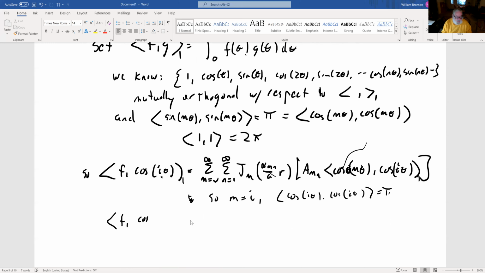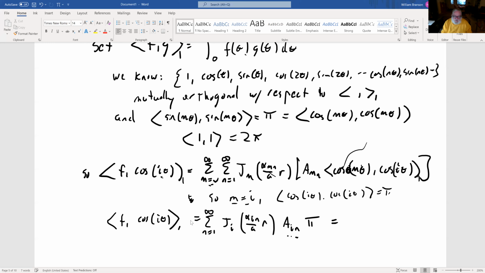F inner product with cosine I theta is going to be, well, m is set up to be I, so this sum goes away and we're left with the sum n equals 1 to infinity j sub I alpha sub I n over a r times a I sub n times pi.